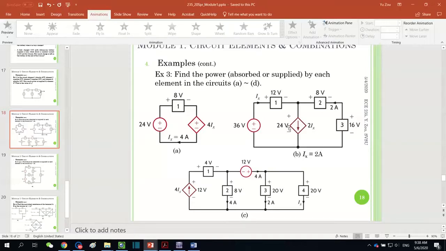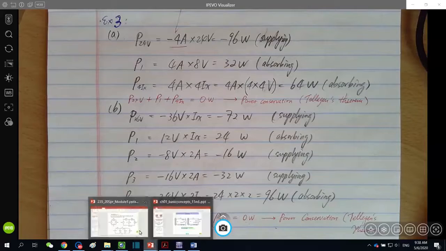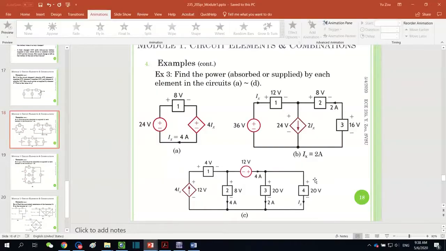And you have a current dependent current source in the middle. Apply the same idea we learned, and you should end up with this solution. And circuit C has a current dependent current source as well, with the voltage labeled here.